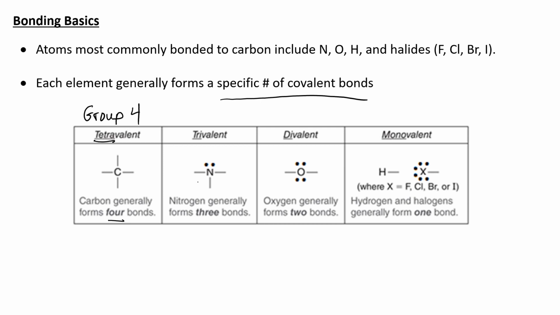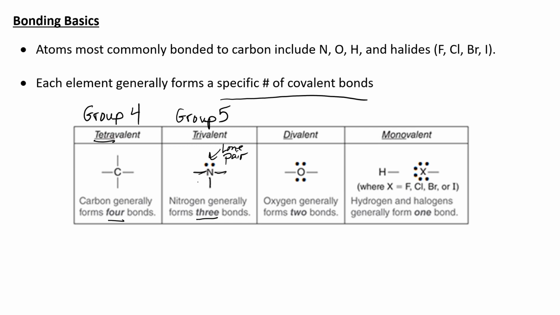The nitrogen group, which is group 5 on the periodic table, these elements typically form 3 covalent bonds. You see we have 1, 2, 3, and there's the lone pair or non-bonding pair of electrons, which makes a total of 8 electrons around the atom, but we'll get to the octet rule later.